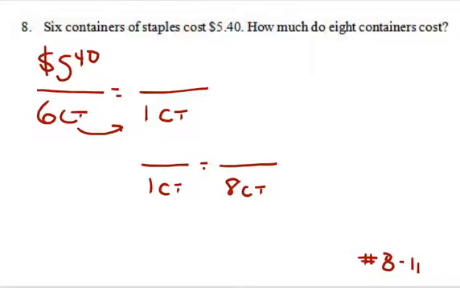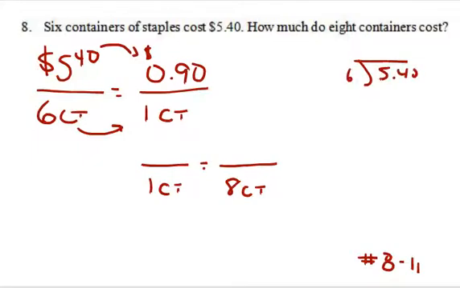So 6 divided by 6 is 1. Therefore, $5.40 divided by 6 is 90 cents. Right? 5.40 divided by 6. Boom. Okay? 0.9 or 90 cents.